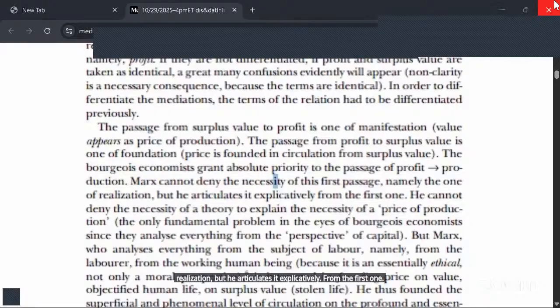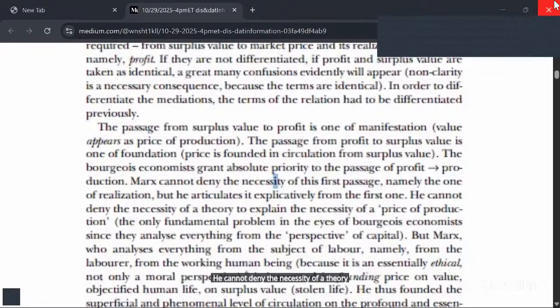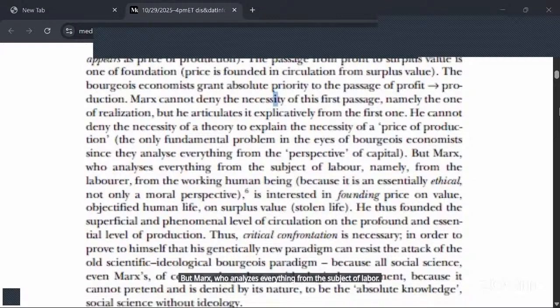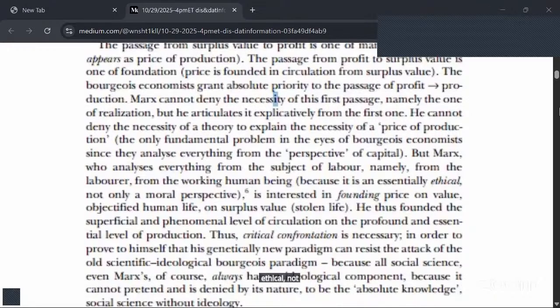He cannot deny the necessity of a theory to explain the necessity of a price of production, the only fundamental problem in the eyes of bourgeois economists, since they analyze everything from the quote-unquote perspective of capital. But Marx analyzes everything from the point of view of labor, namely from the laborer's perspective, from the working human being, because it is an essentially ethical, not only a moral perspective.